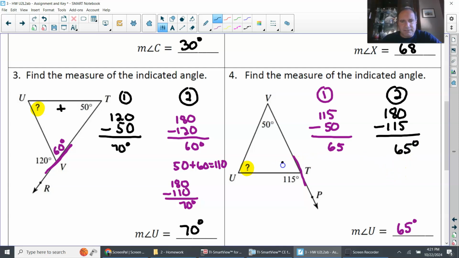Once I have 65 degrees here, I'd put it there, and then just add 50 plus 65. And 50 plus 65 is 115. Then you would figure out 180, because the interior angles of a triangle equal 180 degrees, minus 115, and that's 65 degrees, and you get the same answer.